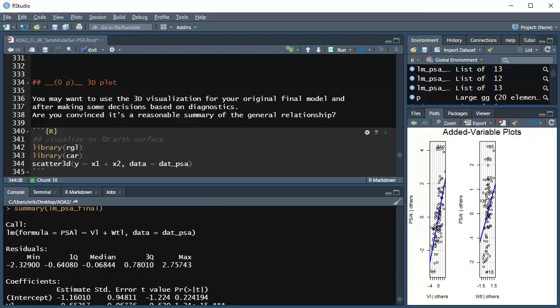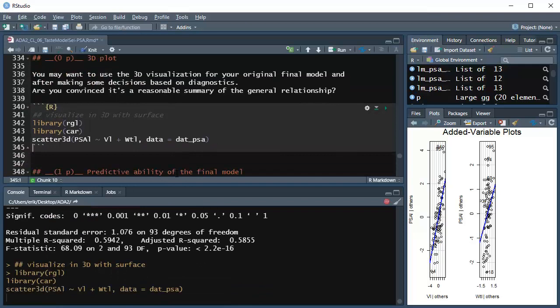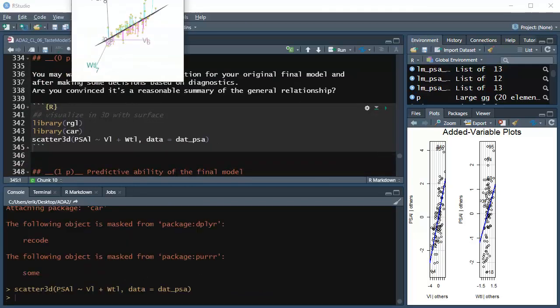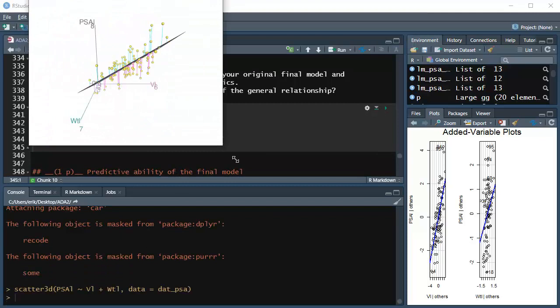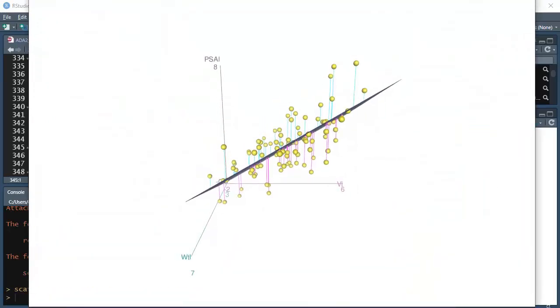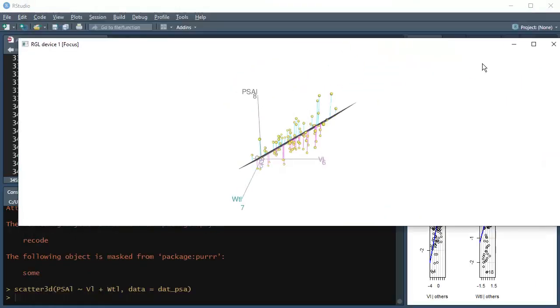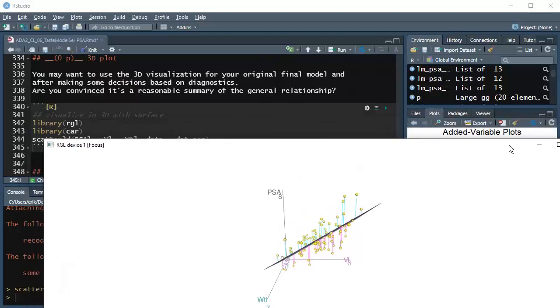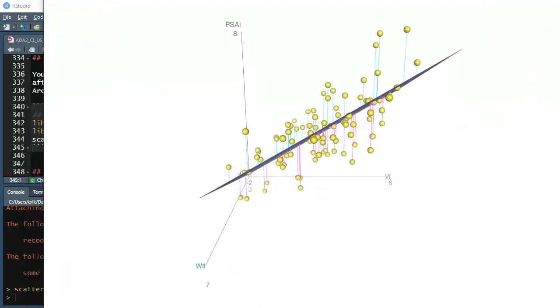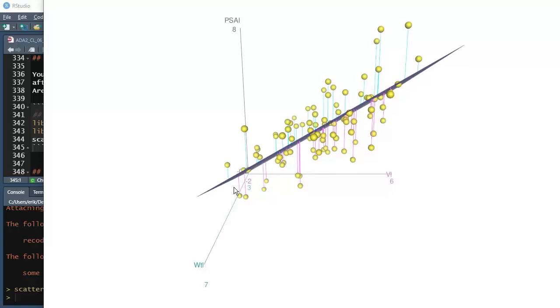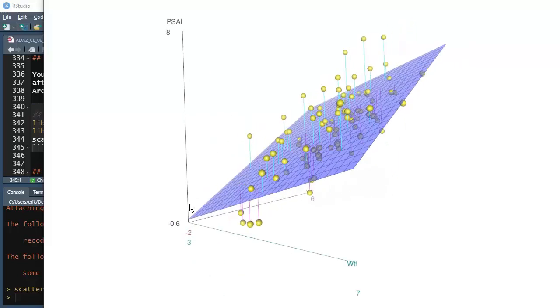Here we go. Because with 3 variables, we can look at a 3D plot. Okay, let's make this as big as we can. Okay, that's pretty good. So PSA is on the vertical axis here.